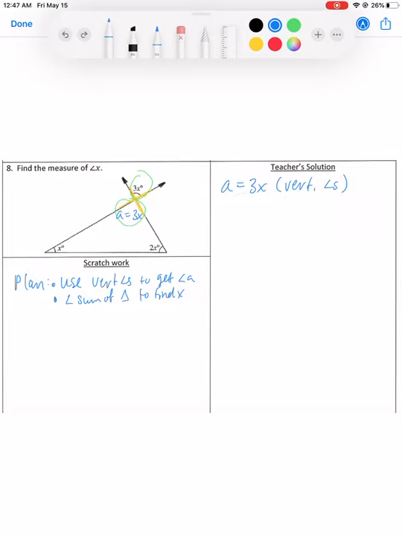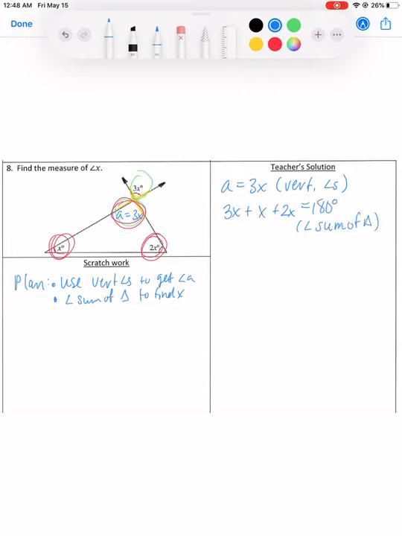Now, my plan was to use angle sum of triangle to find x. I can associate these three angles together. This angle, this angle, and this angle all add up to 180 degrees. So I'm going to use 3x now, plus x plus 2x is equal to 180 degrees. And the reason was angle sum of triangle.